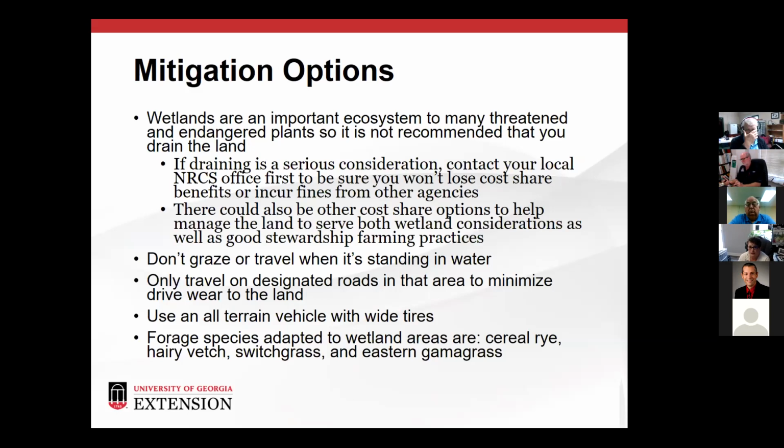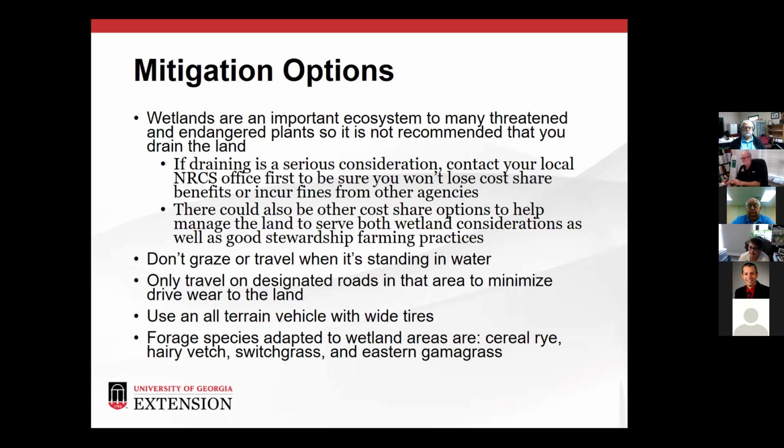So consider a conversation with your local NRCS office to maybe fence out that area and designate it as a wetland area, and don't use those spots, especially if draining really isn't an option for you. NRCS could limit your cost share benefits if you try to drain a wetland, for example.